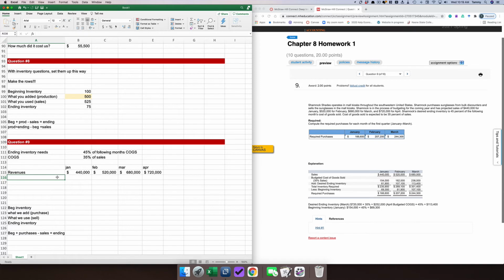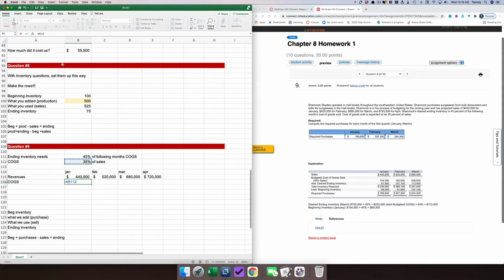So let's first figure out the cost of goods sold, which is going to be 35% of sales for each month. I'm going to make that an absolute cell reference so that I can, oops, I forgot to multiply. 35% of sales. There we go.